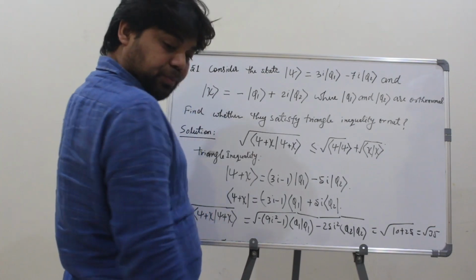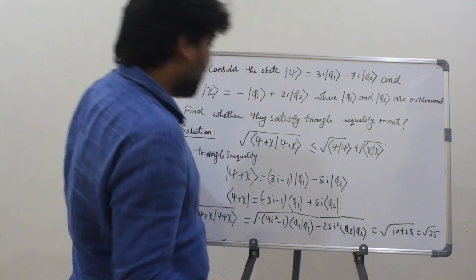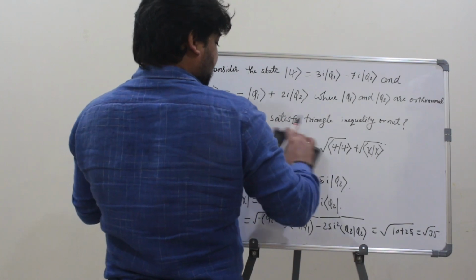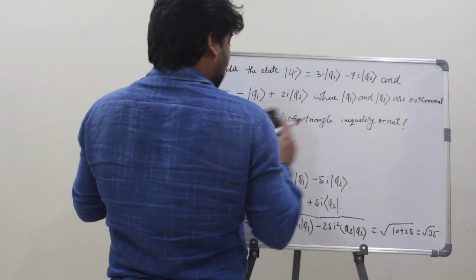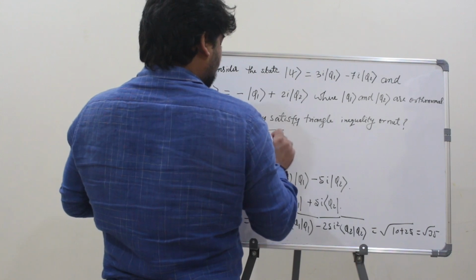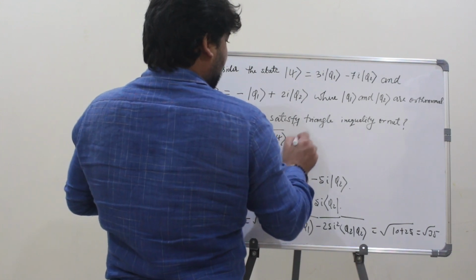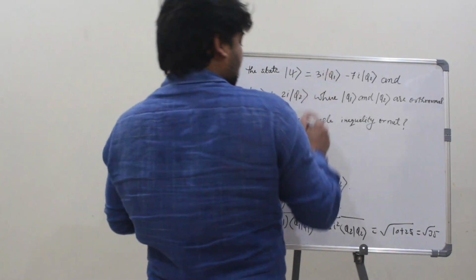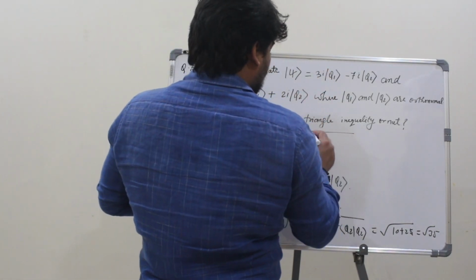Now let us go to the other things, mod psi and mod chi. So what is mod psi? It is the root of the inner product of psi with itself.